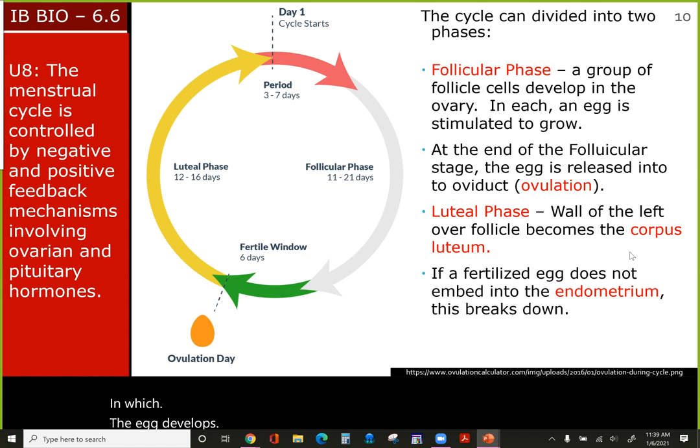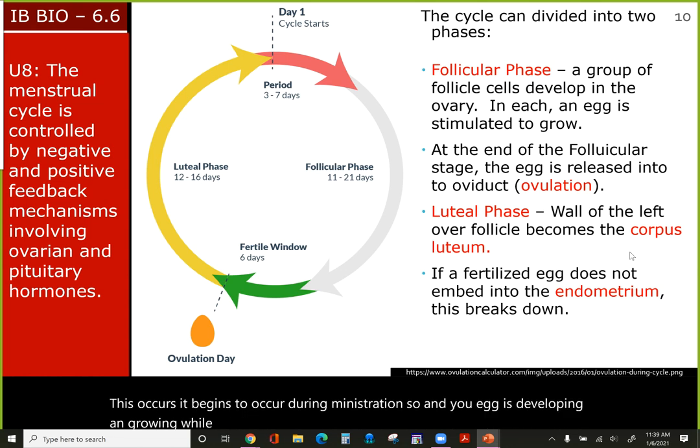So in that follicular pocket or follicle, that egg is stimulated to grow. It begins to occur during menstruation. So a new egg is developing and growing while you're menstruating. So as you're getting rid of the old endometrial material, a new egg is growing and getting ready.